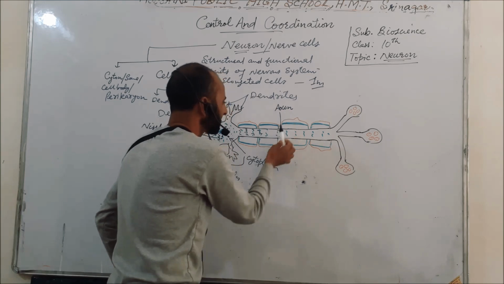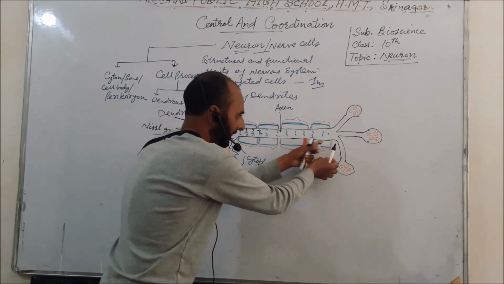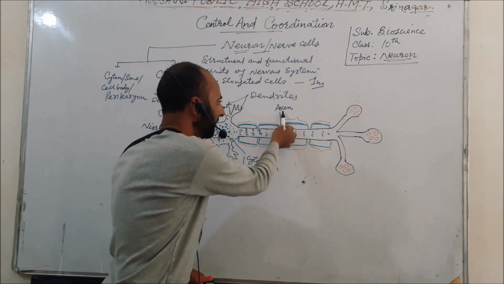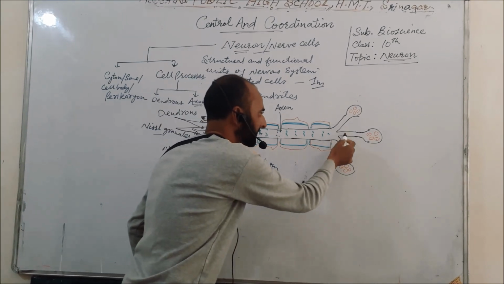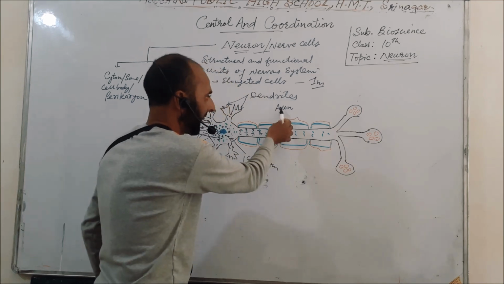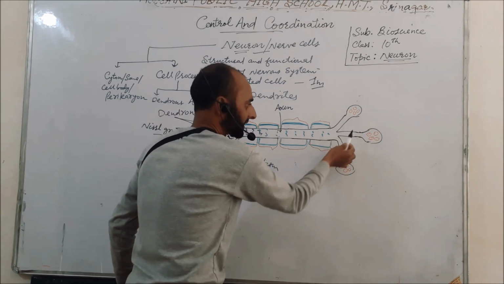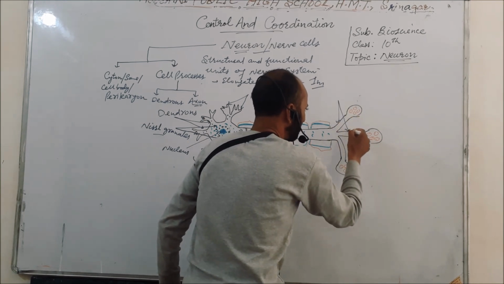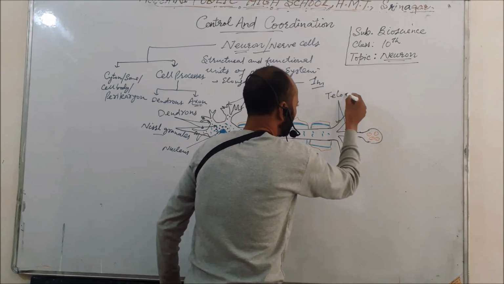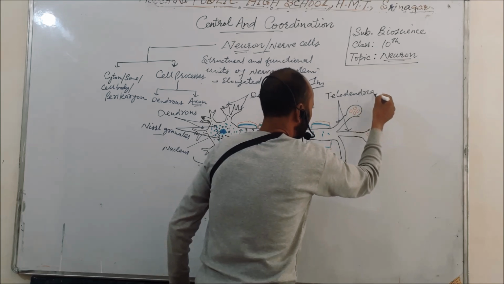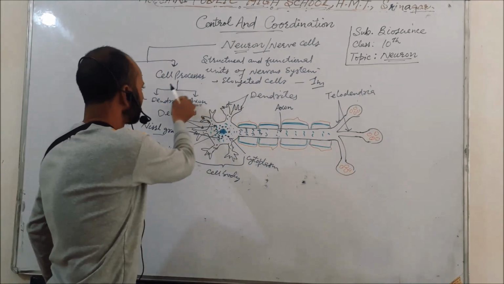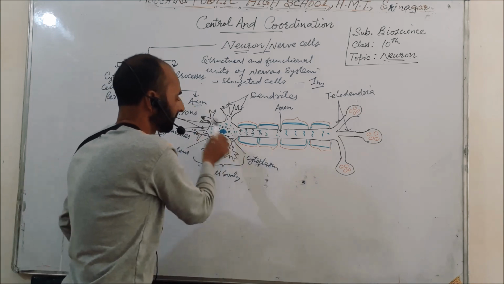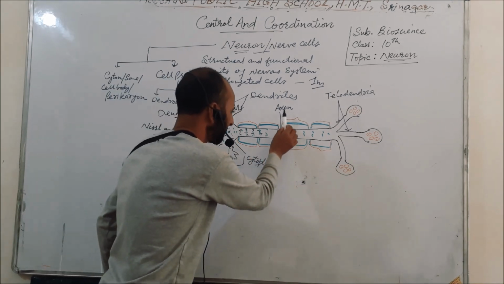Now this axon, at the terminal end, it divides. The terminal end of the axon has many branches, and these branches are called telodendria. Okay. These are the dendrons, and the single process that arises from the cell body is called the axon.